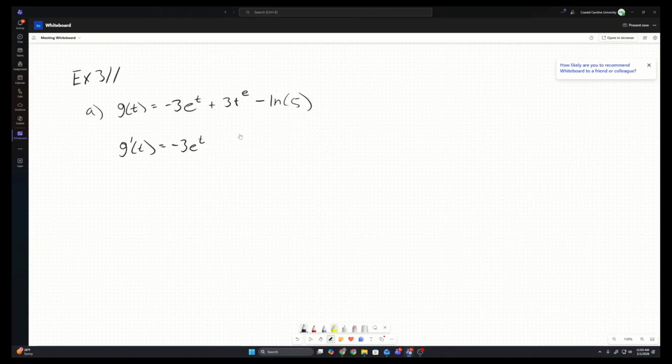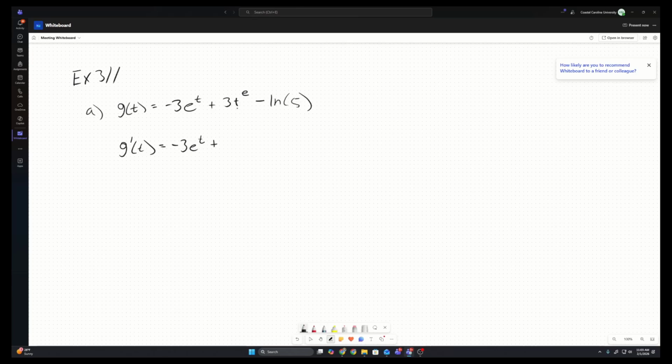Now, when I look at this one, where do we notice the e is? The e is the exponent with a power of t. This is power rule, although it's a very weird one.